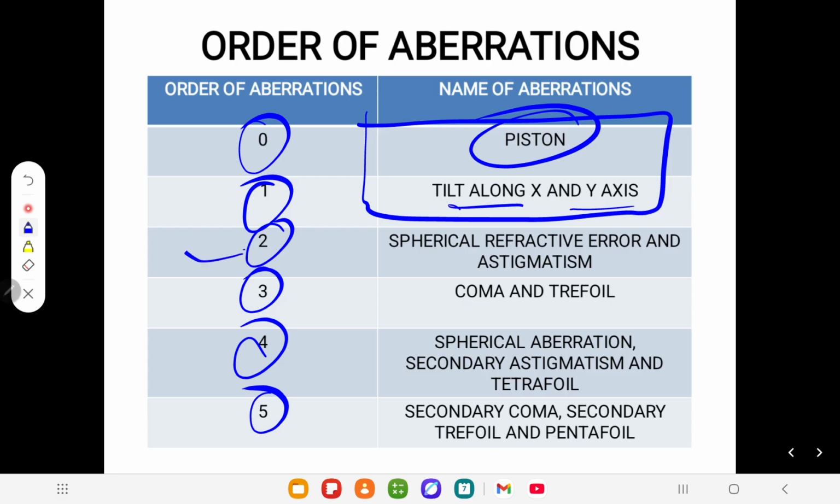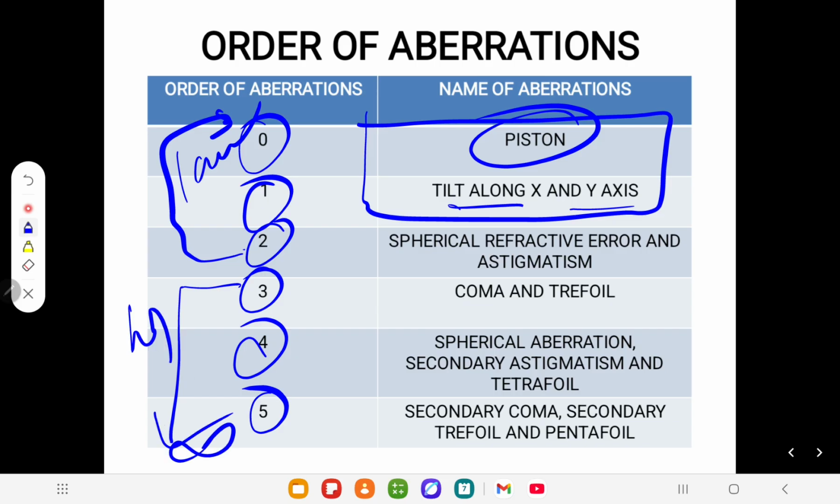Zero, first and second are low order aberrations, and from third to infinity, all are high order aberrations. But zero and first are not clinically significant. That's why the only clinically significant low order aberration is the second order aberration.